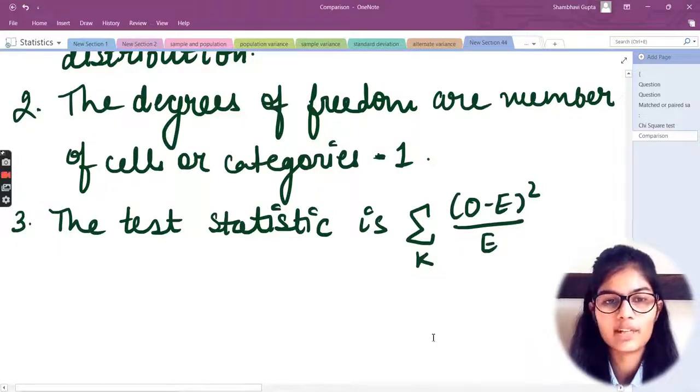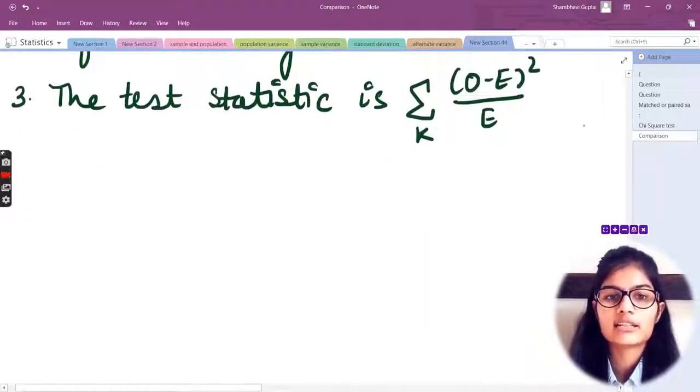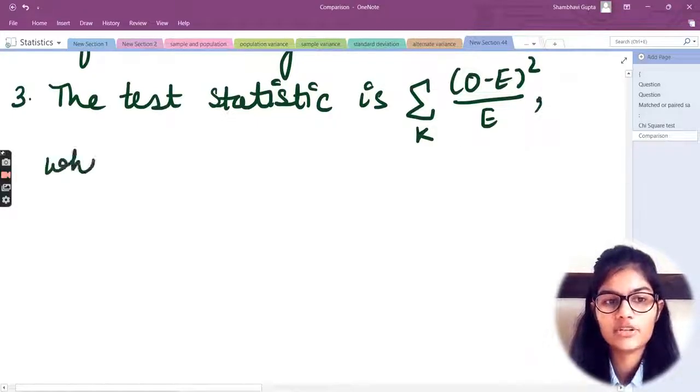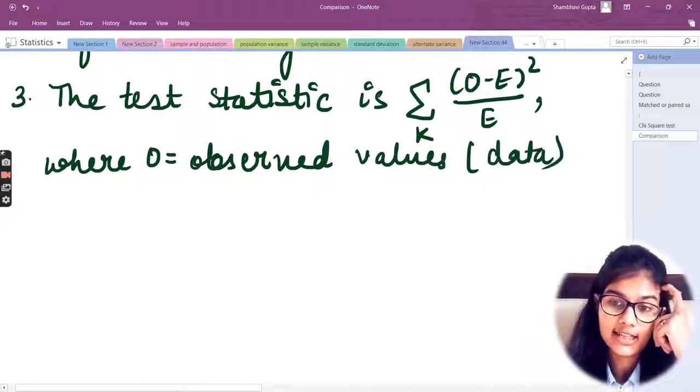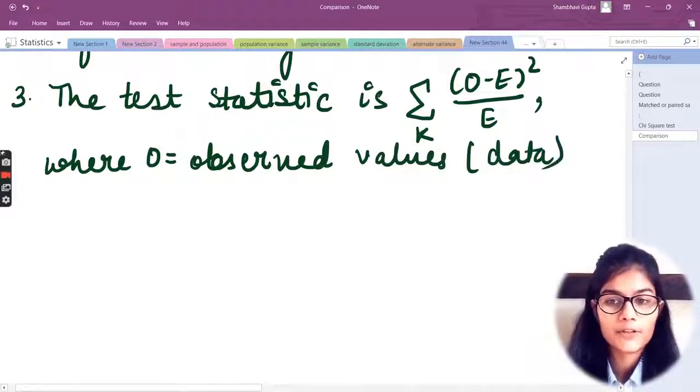This is what we had as the test statistic, where O is equal to the observed values, that's the data as well, right?